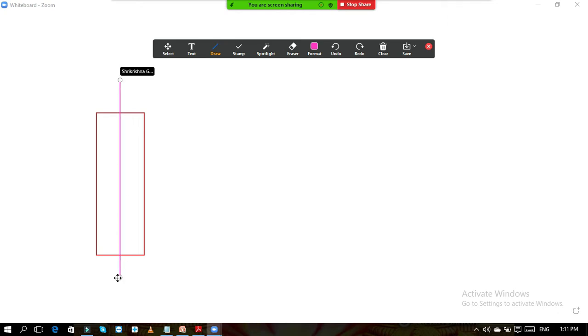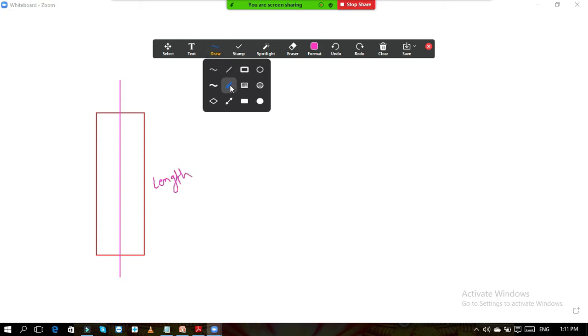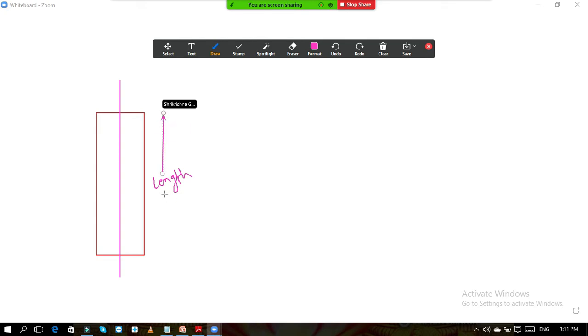Column always carries a load along the y-axis, or you can say along the axis parallel to its length. And what is the length of the column? This dimension is called the length.